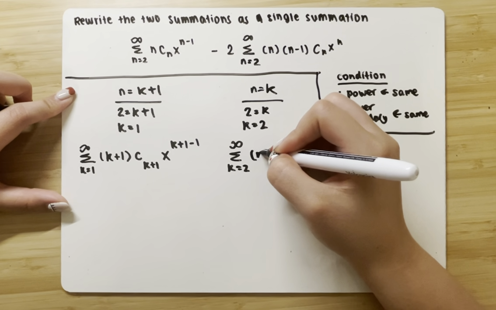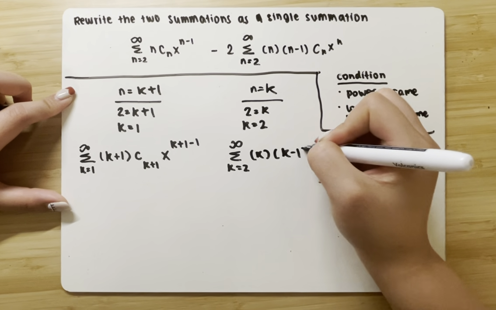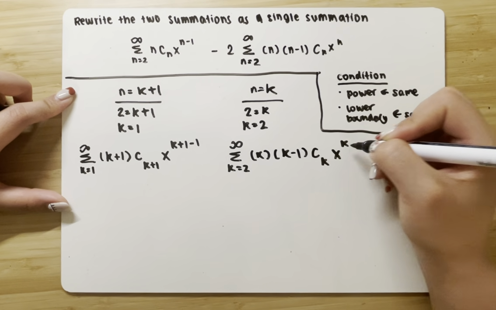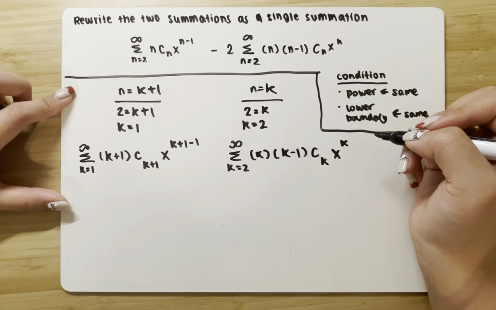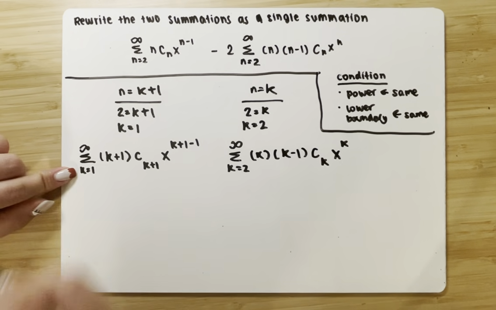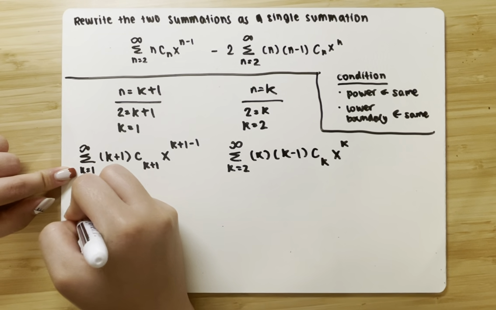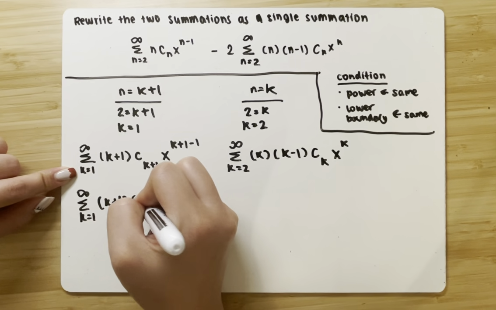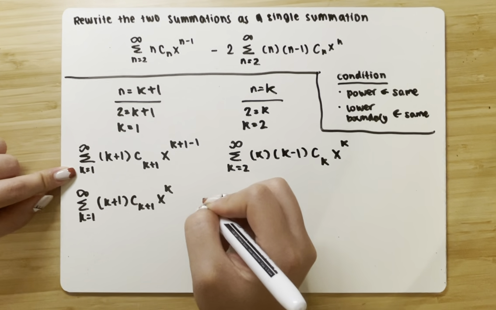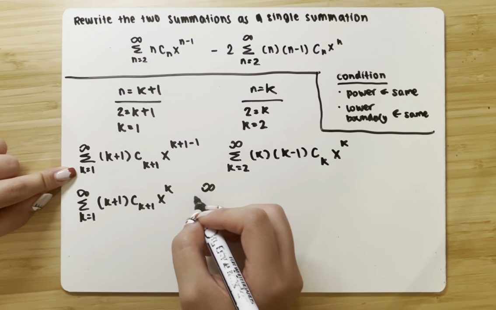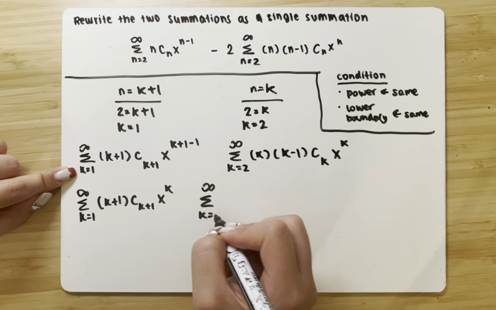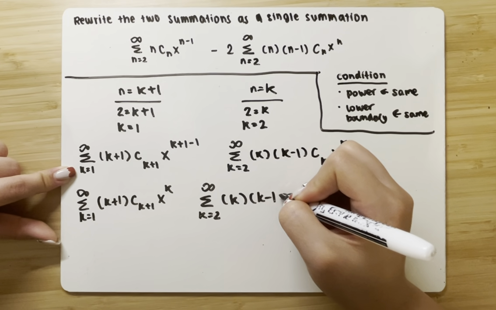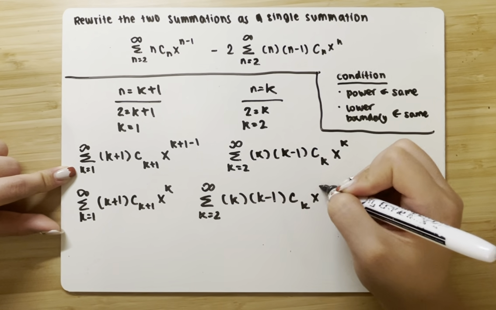Here we have k times k minus 1, c sub k, x to the k. All right, now we can clean this up a little bit. You have k equals 1, k plus 1, c sub k plus 1, x to the k, and k equals 2, k times k minus 1, c sub k, x to the k.